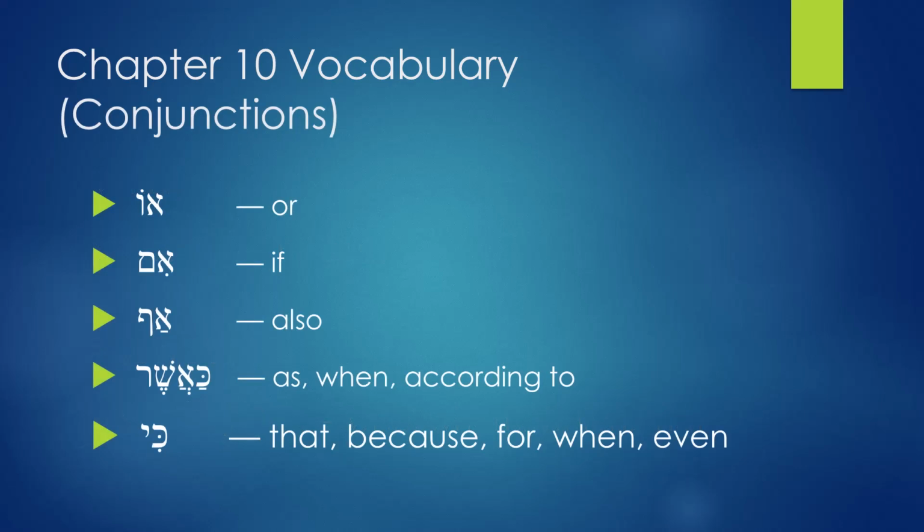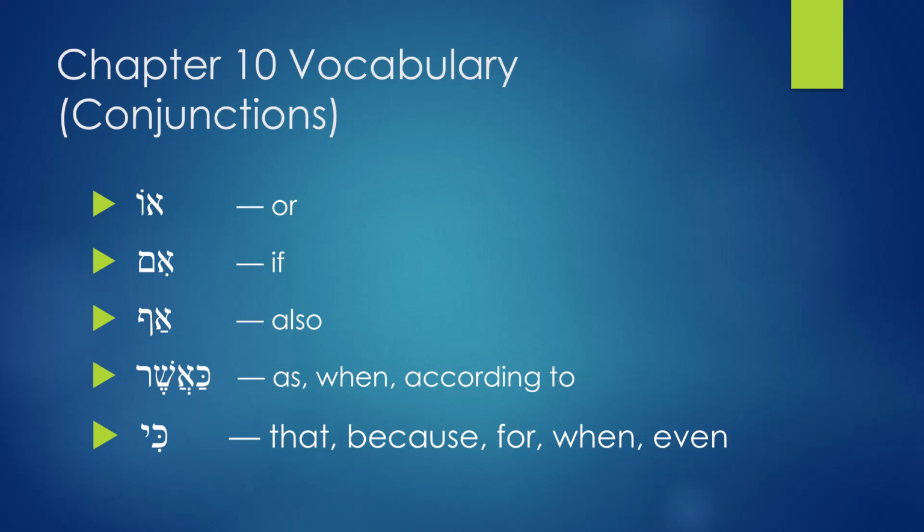Then we have conjunctions. On the conjunctions we have "o," which means or. And then we have im. Im means if. Now this looks like the im that we looked at, the preposition im, which means with, but there are differences. This is im, which means if. And then we have af.